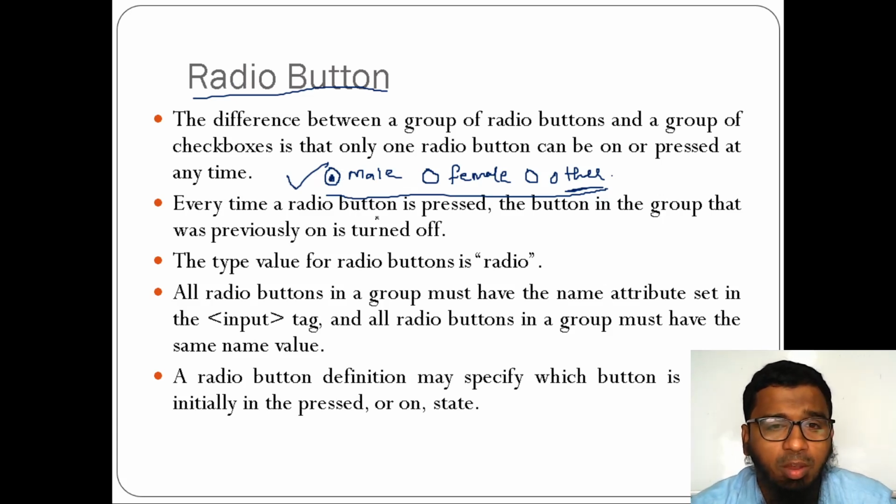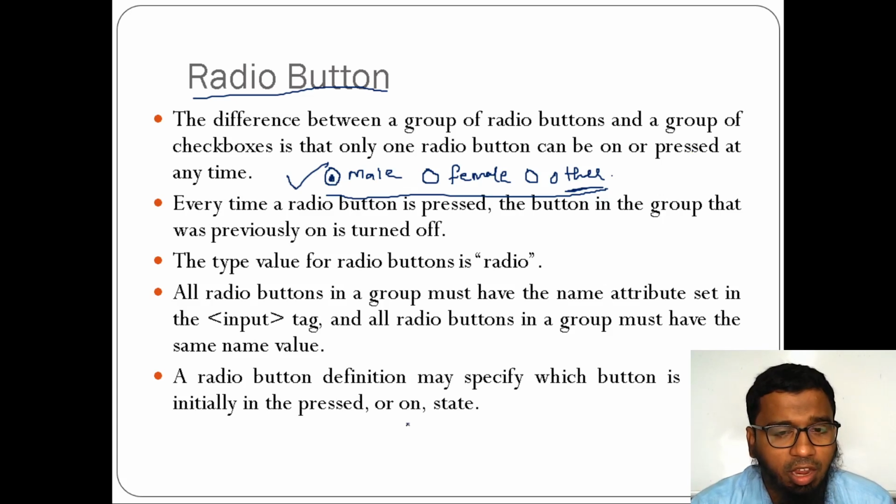If you use a checkbox here, everyone will check all the things, and you will not get appropriate and correct data. With the radio button, you will get the correct data, for selecting any one of the options.